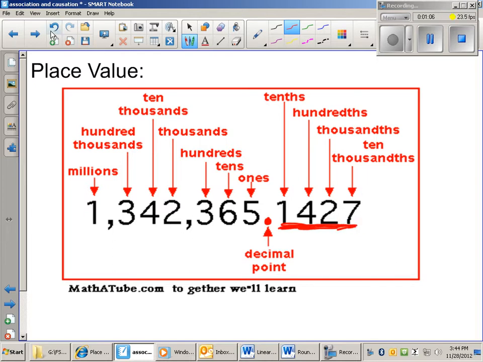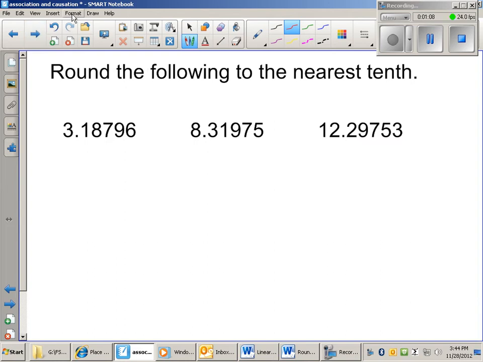So let's say I had these three numbers and I was asked to round these numbers to the nearest tenth. To do that, I need to look at the second number. So for this value right here, if I want to round 3.18796 to the nearest tenth, I need to look at the second decimal place.